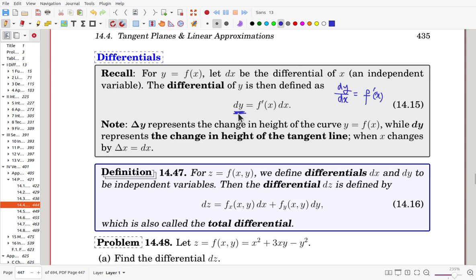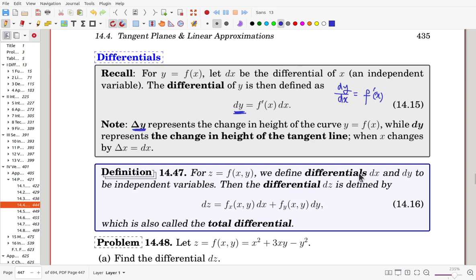dy represents the change in height of the tangent line, so that is the change along the tangent line. But delta y, if you're using delta y notation, is the real change along the curve. But dy is changing along the tangent line. Now, similarly for a function of two variables, we define differentials.